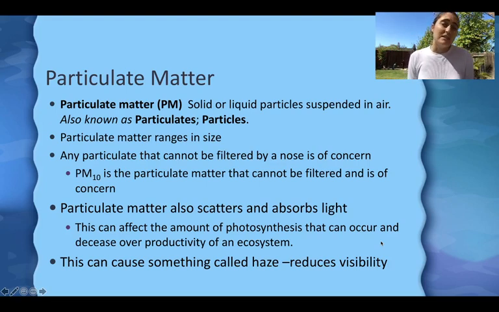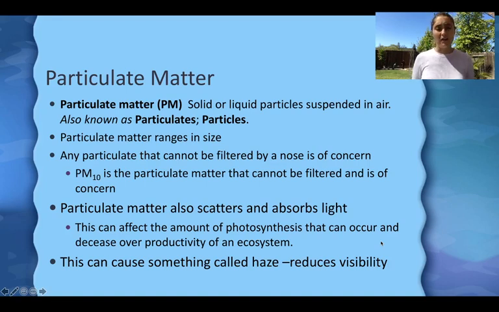This will essentially decrease productivity of an ecosystem, right? If there isn't consistent sunlight, or if there is no sunlight coming in, then of course photosynthesis can't occur. So productivity is going to decrease because there's not enough energy entering that ecosystem. So that's a problem there.